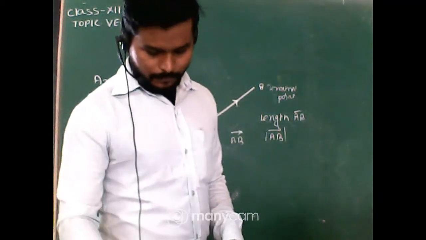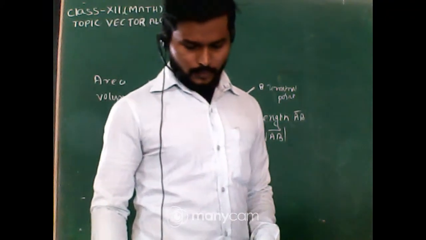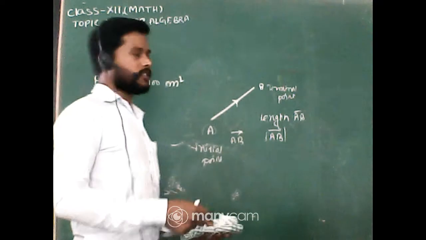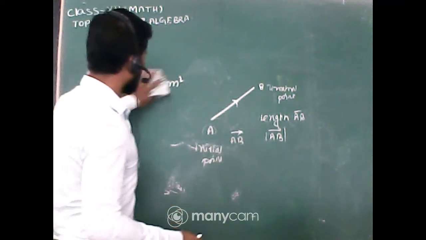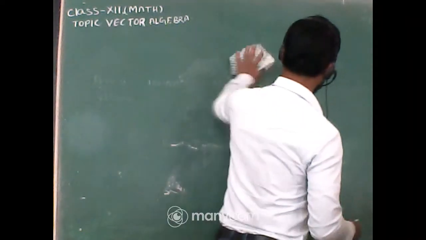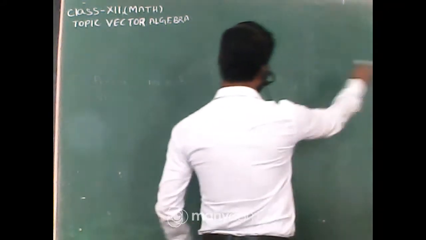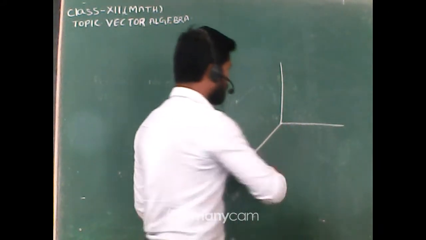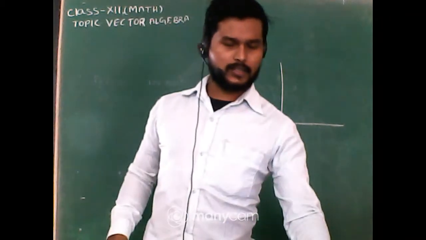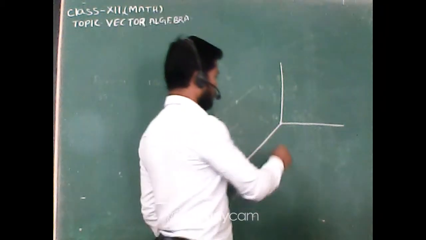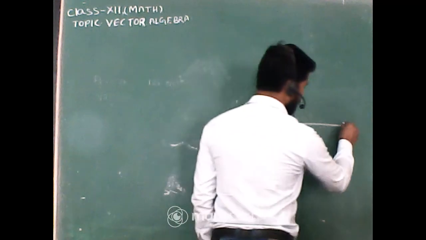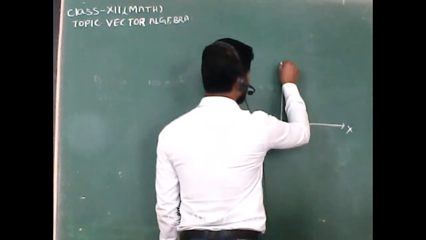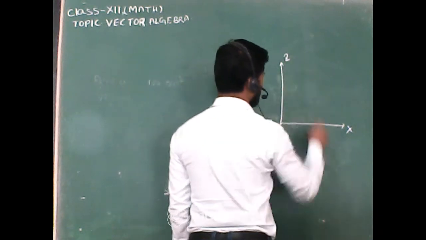Now we'll discuss the next topic: what is the position vector? Let us consider a three-dimensional set of rectangular axes. This is point O. This is the x-axis, this is the y-axis, and this is the z-axis.